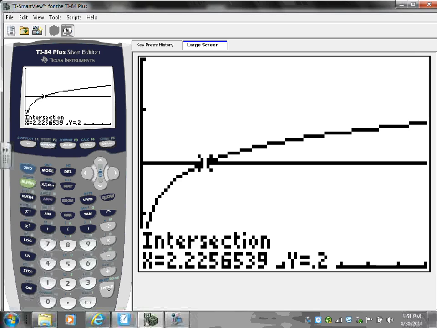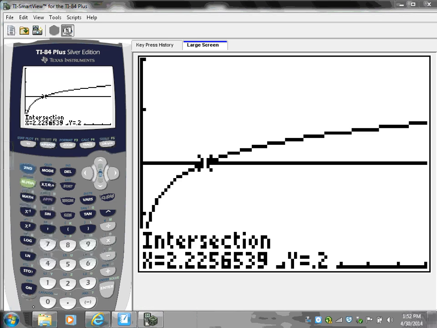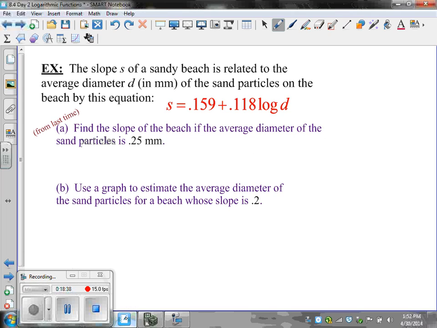So my input, my d value, was 2.226. That's the diameter of these sand particles in millimeters. So each of these sand particles is going to be about 2.226 millimeters, which sounds kind of small. That could be reasonable for a diameter for some pebbles there.